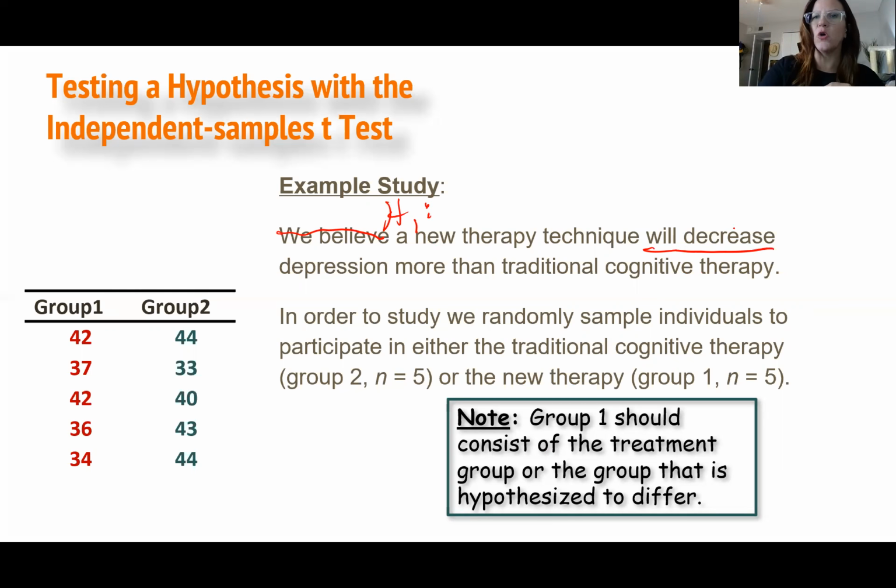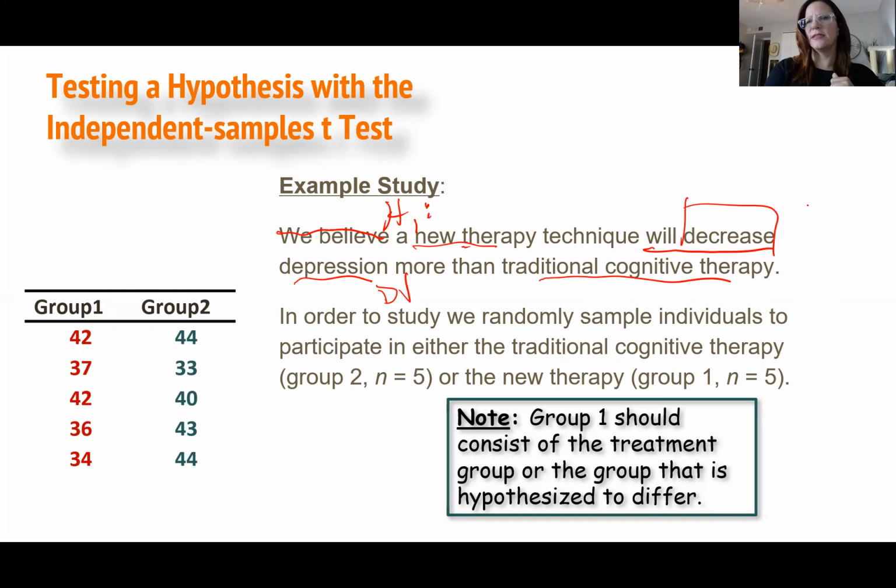Your H0 would just basically be will not decrease. That's all it would be. We have our independent variable, the new therapy versus traditional cognitive therapy. That's your IV. Depression is your DV, and decrease is your direction.